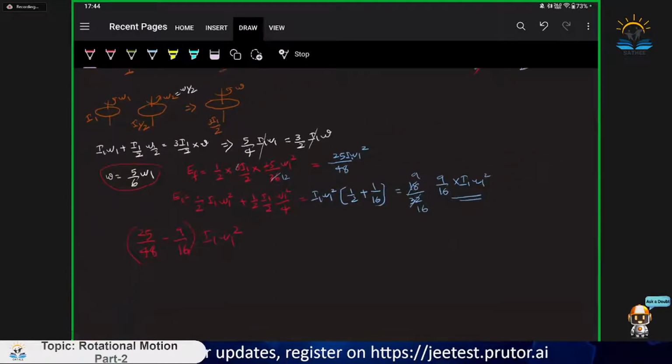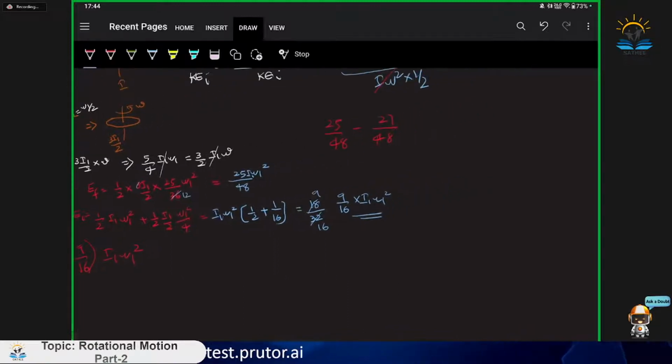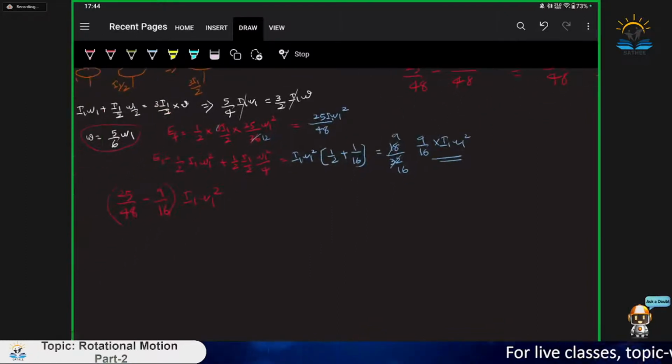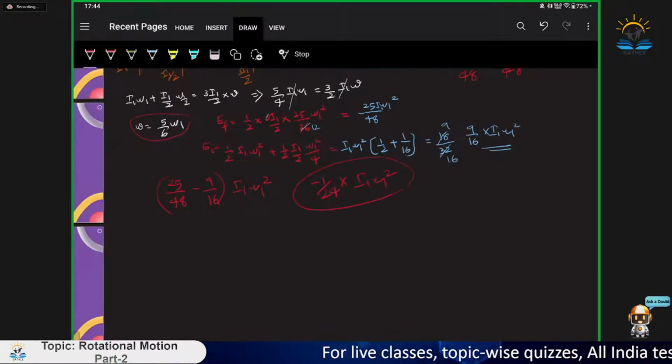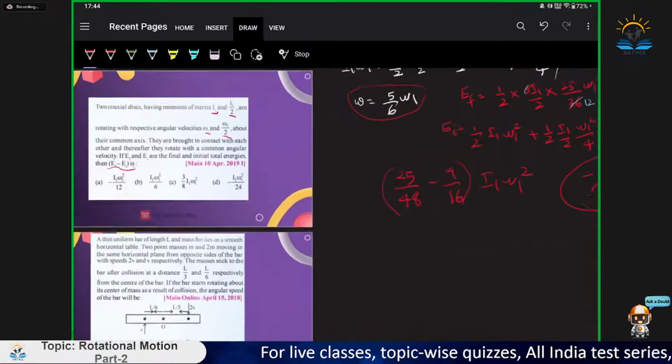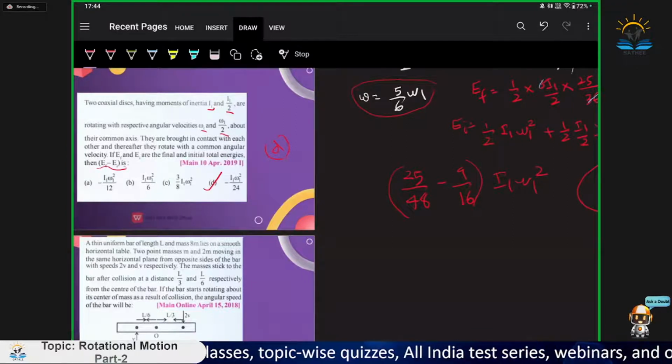We can write 16 into 3, 48, so I'm multiplying by 3 to get 27. So 25 minus 27 is minus 2, minus 2 by 48 or minus 1 by 24. So the answer will be minus 1 by 24 into I1 omega 1 square. Which option is correct? Minus 1 by 24 I1 omega 1 square: option D is the correct answer.